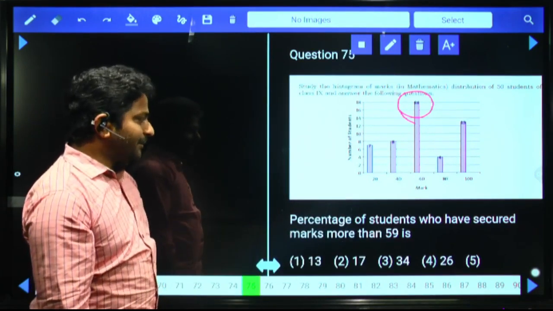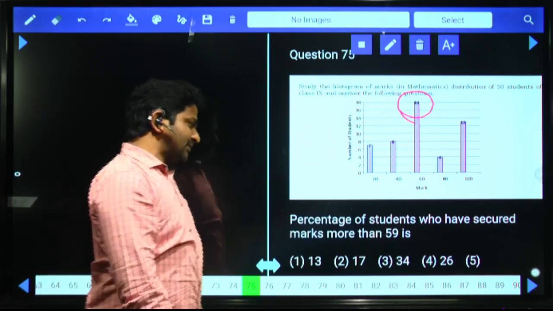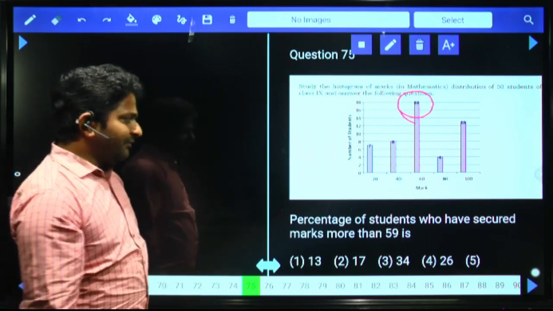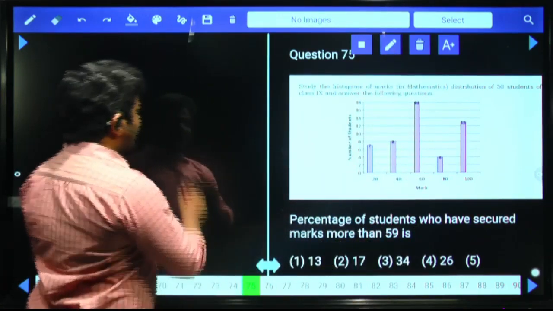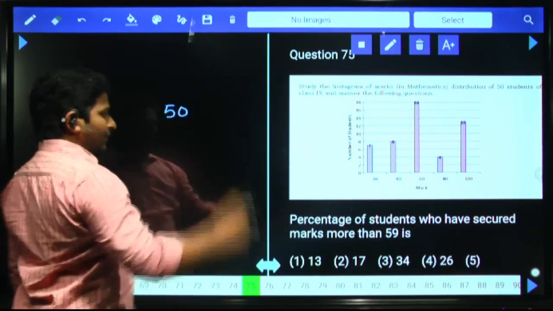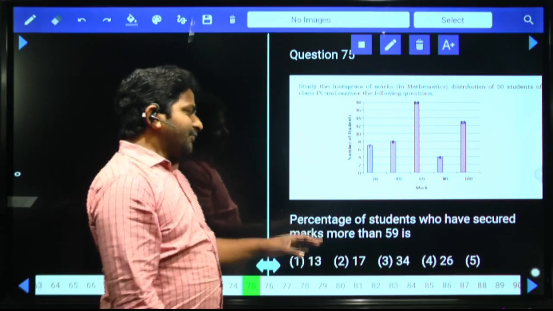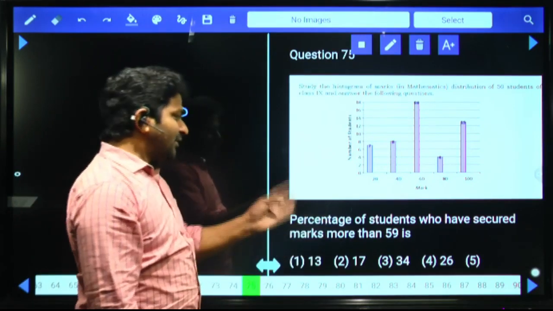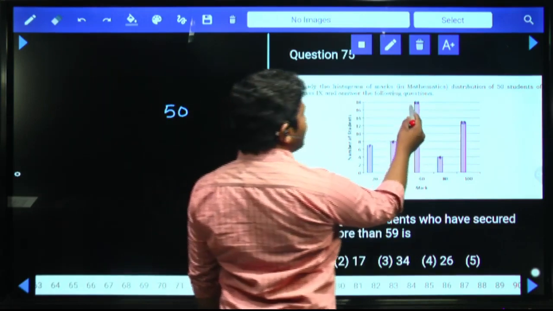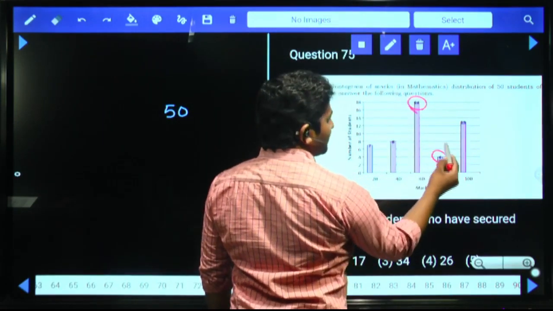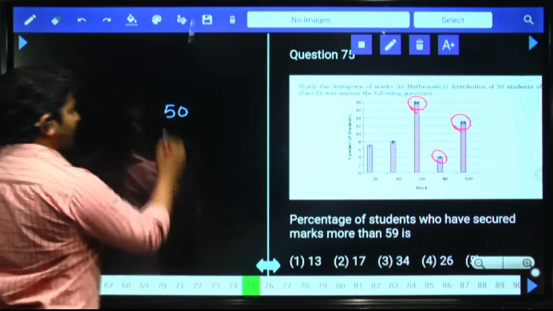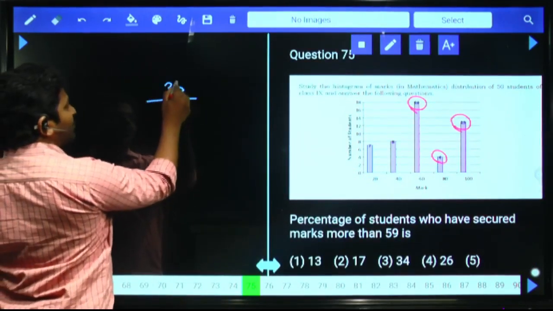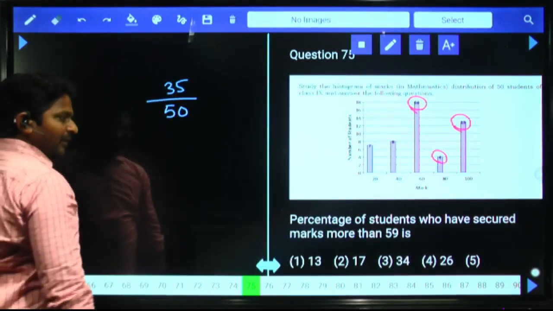Next, the percentage of students who have secured marks more than 59. Out of 50 people, you need to calculate the percentage of students who secured more than 59. More than 59 in the sense 18 plus 4, 22, 22 plus 13, 35. So 35 people are there who got more than that.